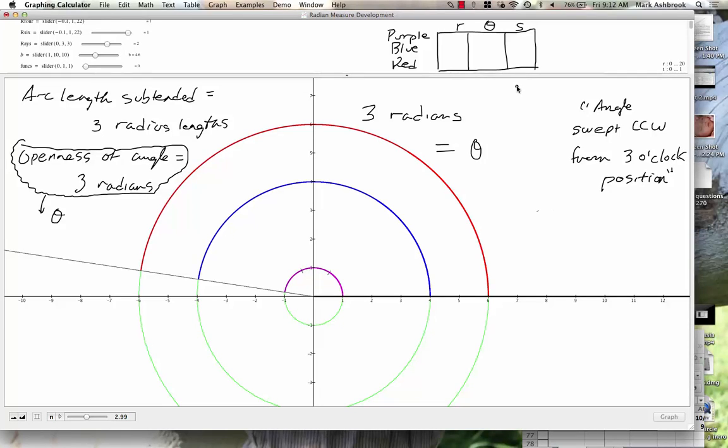Theta, we just talked about. S is the length of the arc in axis units. So R equals the radius length in axis units, theta we know, and S is the total arc length in axis units.